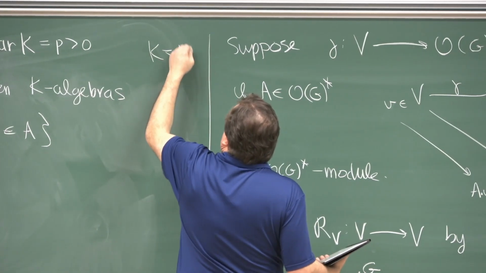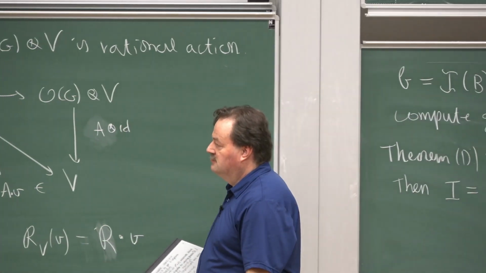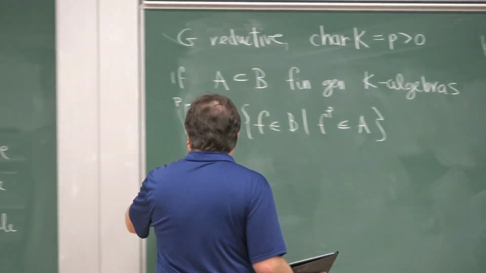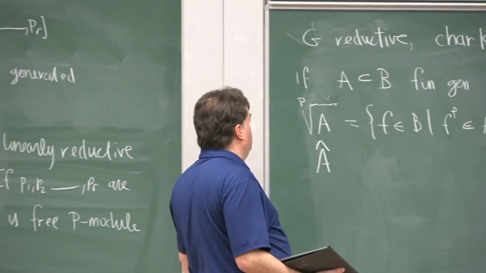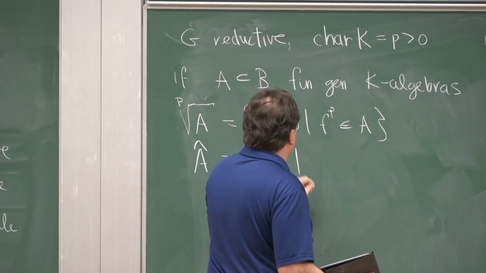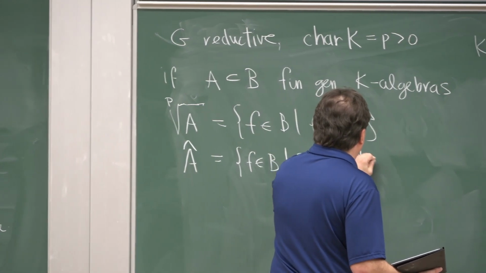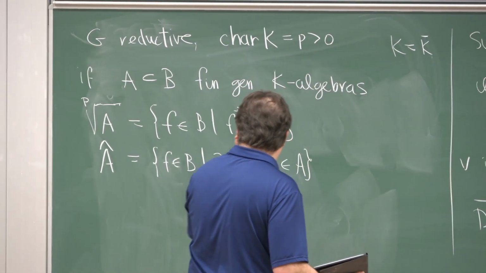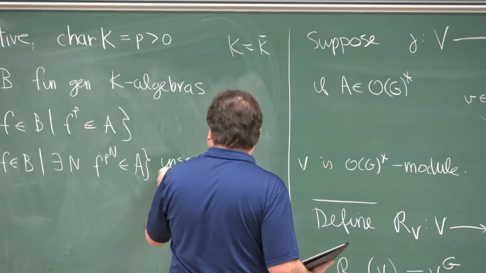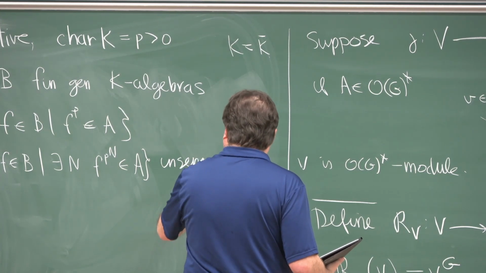I think for some statements I at least would need a perfect field or something. And A hat is the set of all f in B for which there exists an n such that f to the power p^n lies in A. So we call this the inseparable closure.